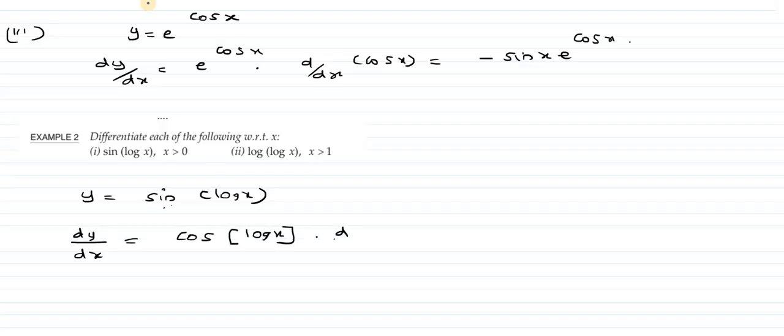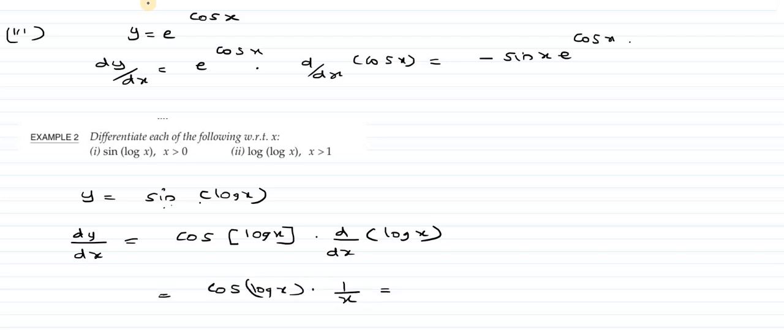Then what I should write? The inside angle I need to differentiate. That is d by dx of log x. In the place of angle what they have given? Log x they have given. So again what will happen? Cos of log x, differentiation of log x is 1 by x. That's all. Cos log x by x, that's your answer. Clear? Any doubt?